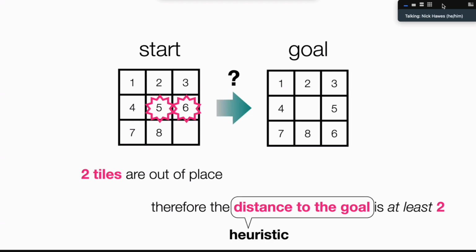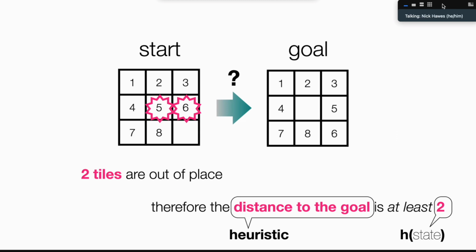This function that returns an estimate of the distance to the goal is what we'll call a heuristic. The heuristic is something calculated from the state information. When we think about this in a search algorithm, we apply this heuristic function, which we typically call h, to a state, and it gives us a number back.